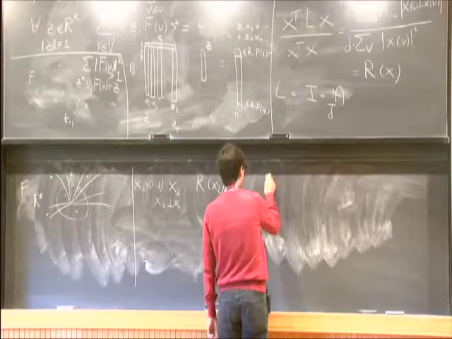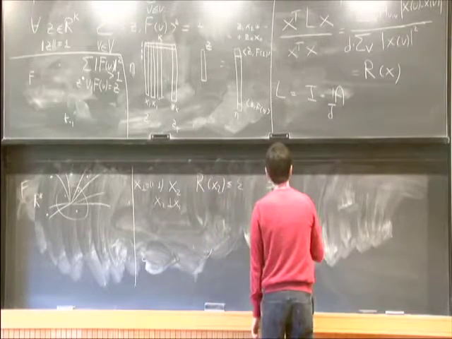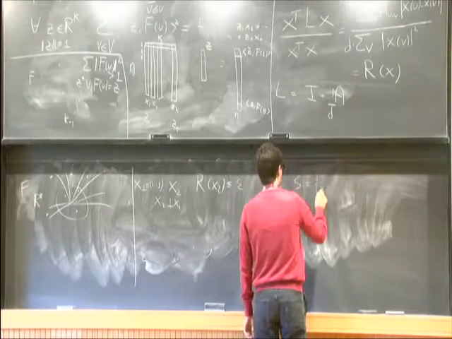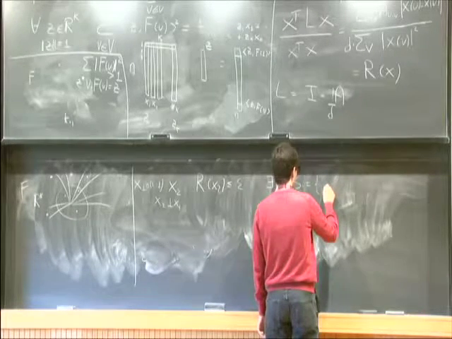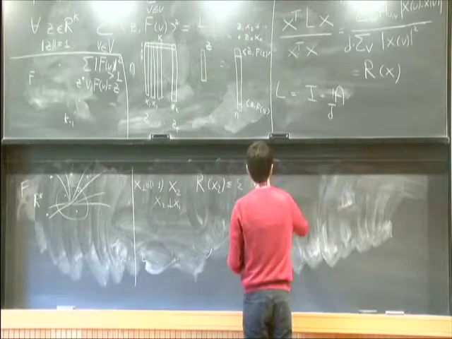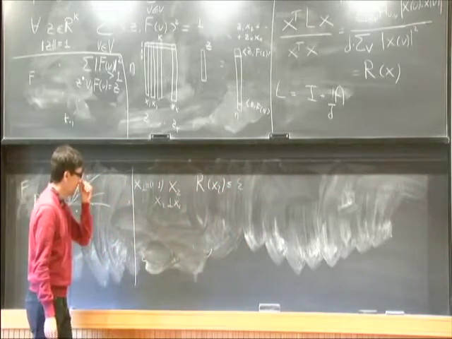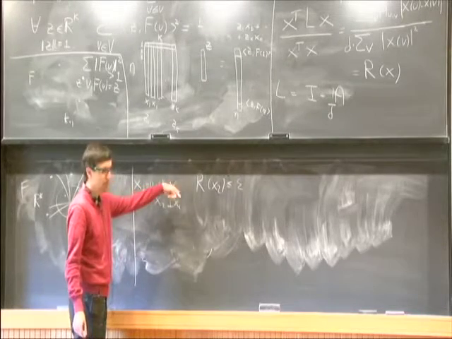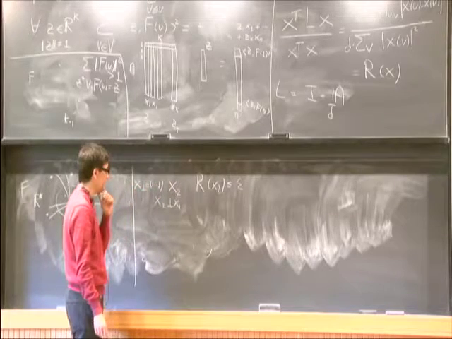So the proof will show that there exists a threshold such that, actually no, let's do it a bit differently. It can be shown that if you have two orthogonal vectors, each of which has Rayleigh quotient at most epsilon, then any combination of them will also have a Rayleigh quotient at most epsilon.